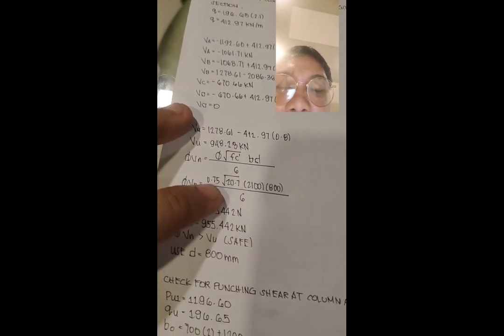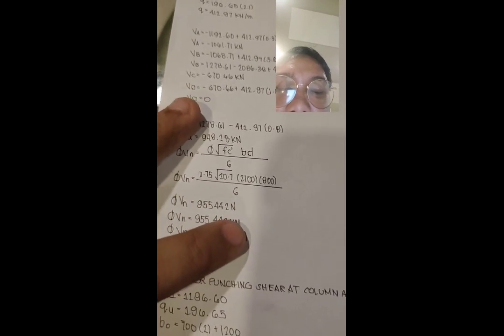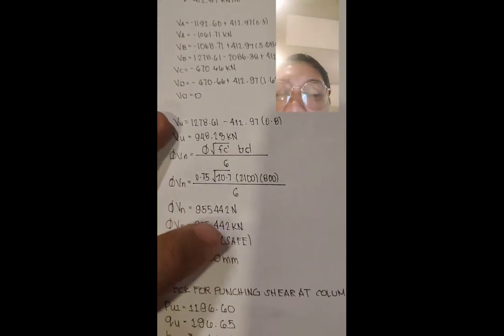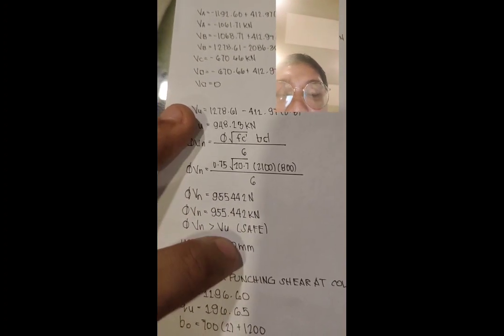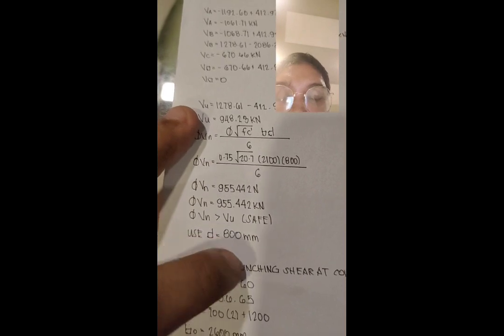Value ng V natin is 0.75 times square root of 20.7 times base na 2,100 and D na 800 and all over 6. So Vn natin is 955,442 Newton. Converting it to kilonewton, mas mataas ang value ng Vn natin kaysa kay Vu, therefore it is safe. So use D as equal to 800 mm.